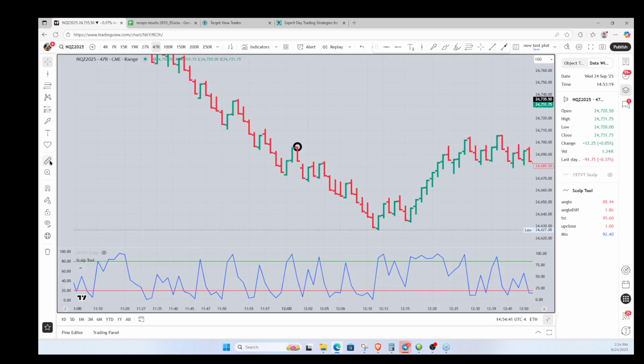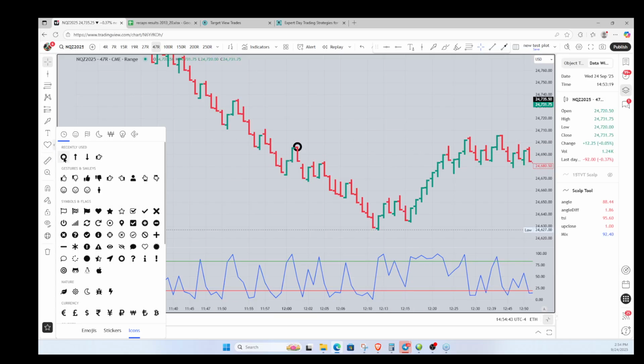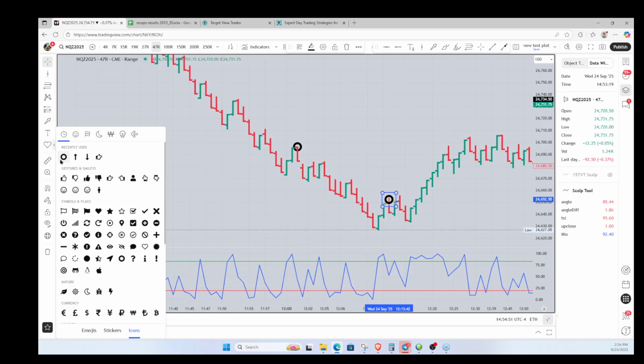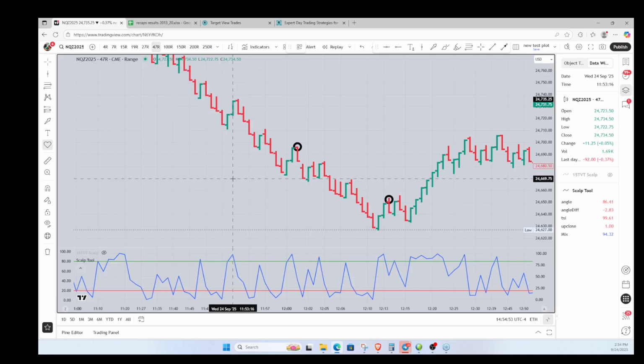And this one would be right there at the open. And this one would be right here at the open. That's where you place your trade. Okay, John? And that's for the shorts.